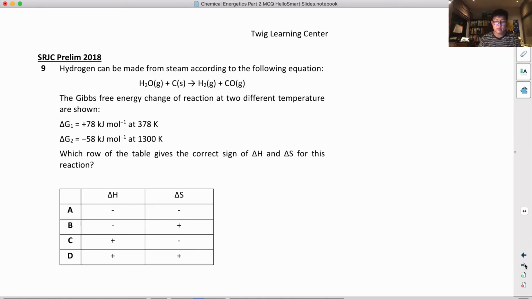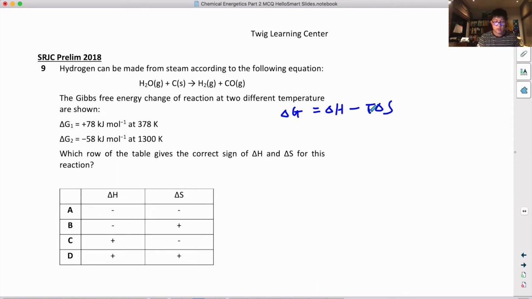Hydrogen can be made from steam according to the following equation. The Gibbs free energy change of reaction at 2 different temperatures are shown. So we have to calculate by using the formula: change in G equals change in H minus T change in S. We're going to do it for both G1 and G2.